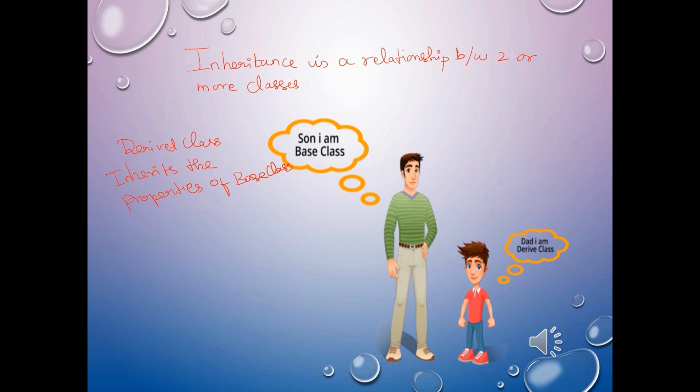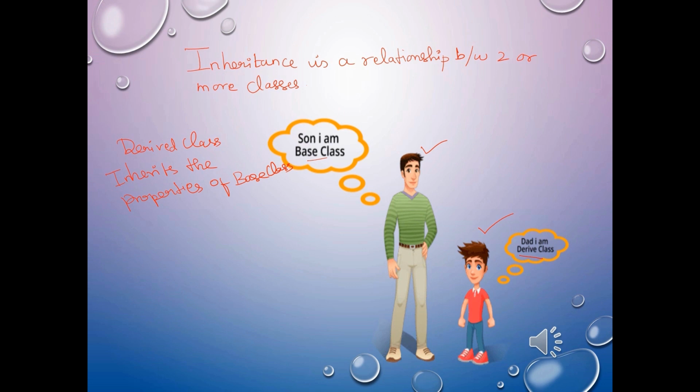See, we have one real-time example. We have father and son. We can say son is a derived class and father is a base class. How? Son is deriving or inheriting some of the characters or appearances of his father. Son will have some of the habits or characters like his father.